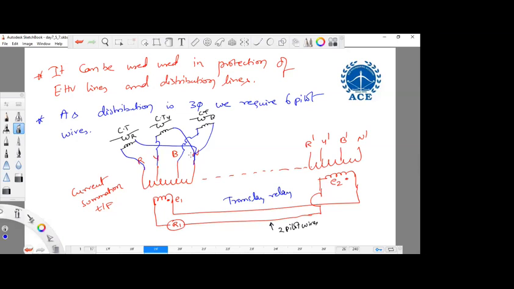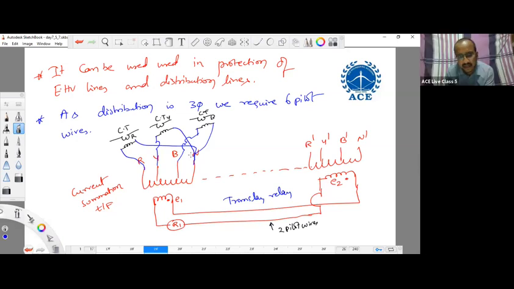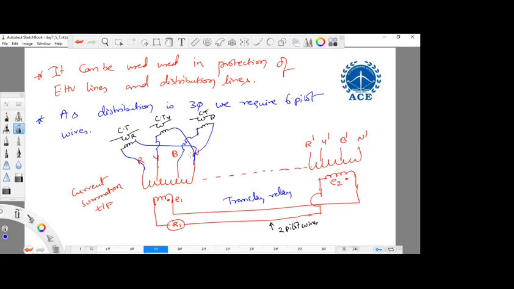Star connected, sir. You can say that it is star connected. Okay, I got it, sir.